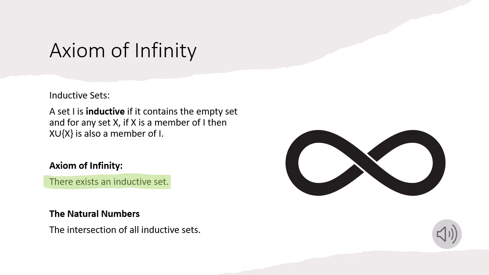Now, the axiom of infinity is simply the assertion that there exists some inductive set. This then allows one to define the set of natural numbers to be simply the smallest inductive set. And the smallest inductive set would just be the intersection of all possible inductive sets.